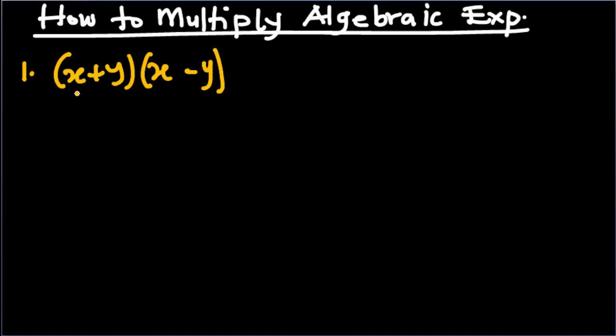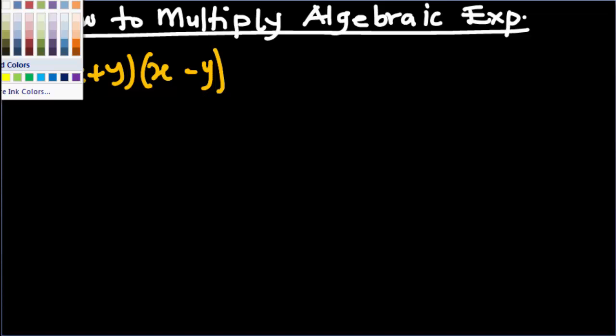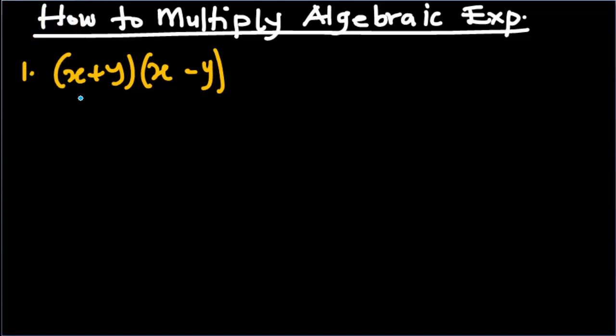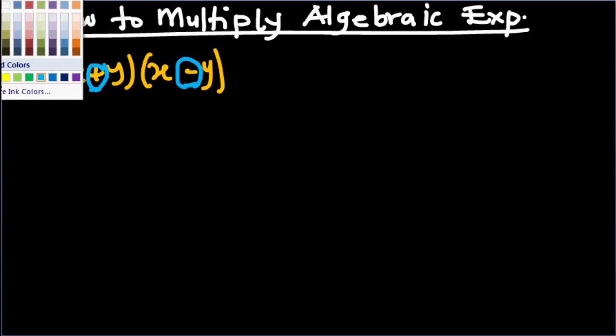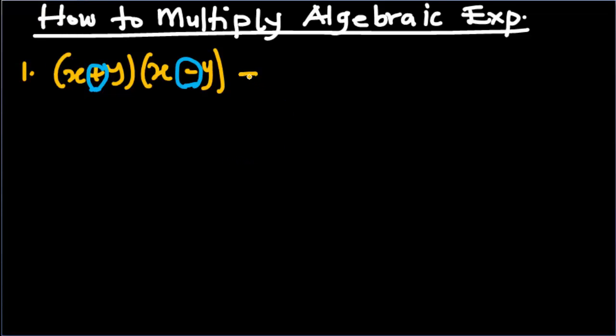You consider this, the x term in this one is the same, the y term in the other one is the same, but what differs here is the sign. So when you get any binomial in this form, we multiply it in this way. Okay, so just take the x and square it, then minus the y and square it.